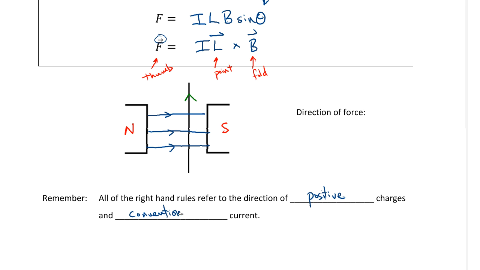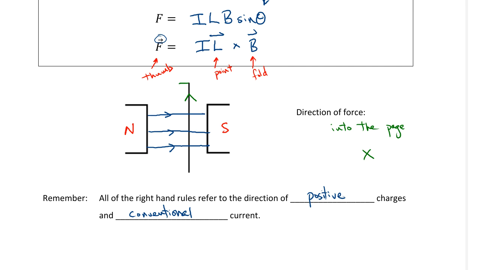So if we use our right-hand rule again here, we point our fingers in the direction of the conventional current, that's upwards. We have to orient our right hand so we can fold it in the direction of the magnetic field. That's therefore so that we can fold our fingers to the right here. When we do that, our thumb points into the page, and so the direction of the magnetic force is into the page. And we would indicate that by an X, like as if we were looking at the back of an arrow. So that's just another example.